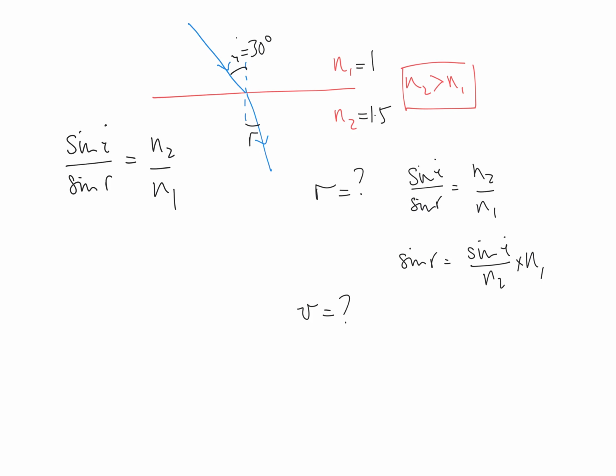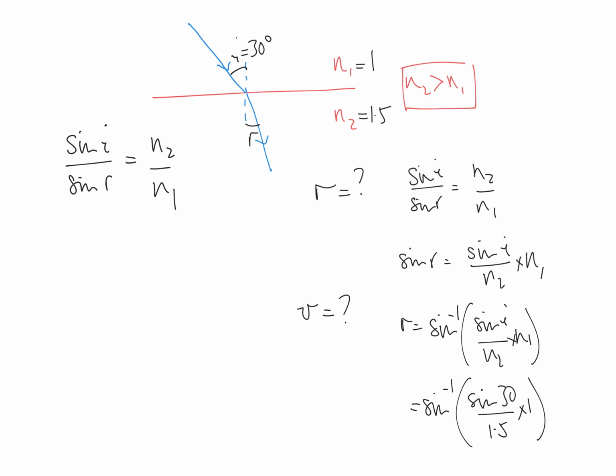Okay. What next bit do we do? Well, we say r is now going to equal sine to the minus 1 of sine i times n1 over n2, giving us, let's substitute the values, sine 30 over 1.5 times 1, and that gives us 20 degrees.